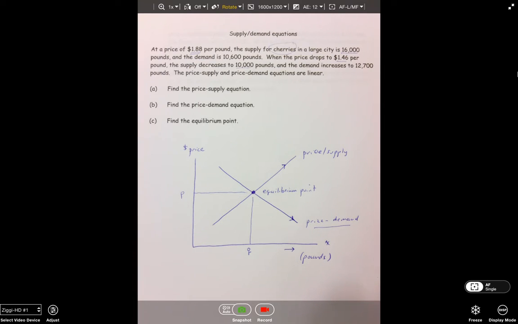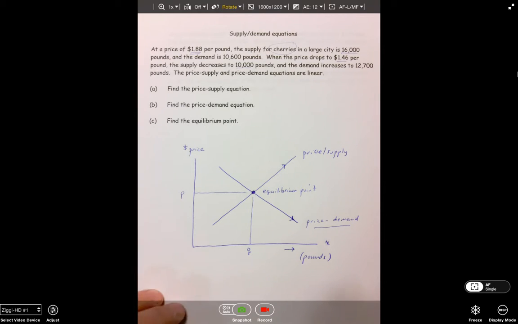I know when I was in the golf business, and I'll talk about this quite a bit, if I had drivers at $500, I had a certain amount of inventory, but if I dropped those to $300, I sold more, so my supply would actually decrease. And of course the demand would increase as the price drops.